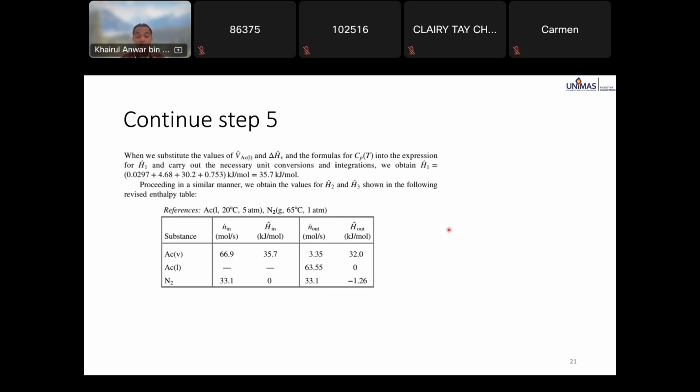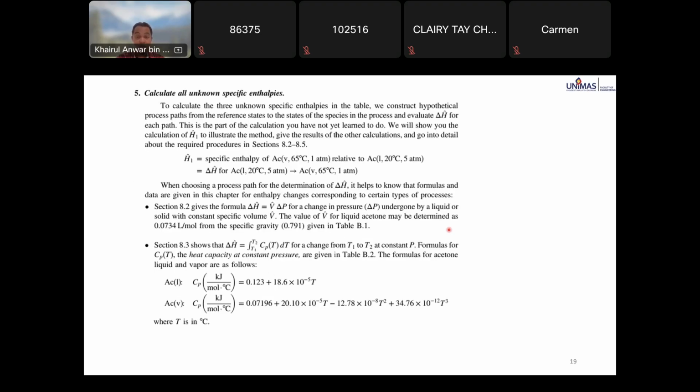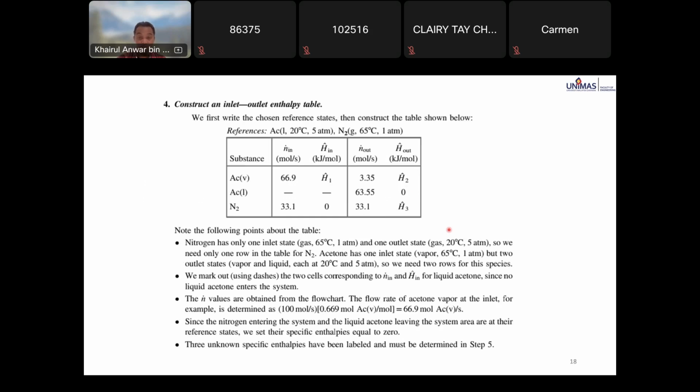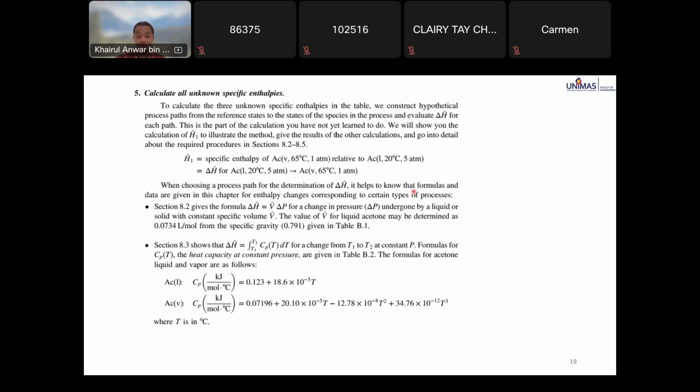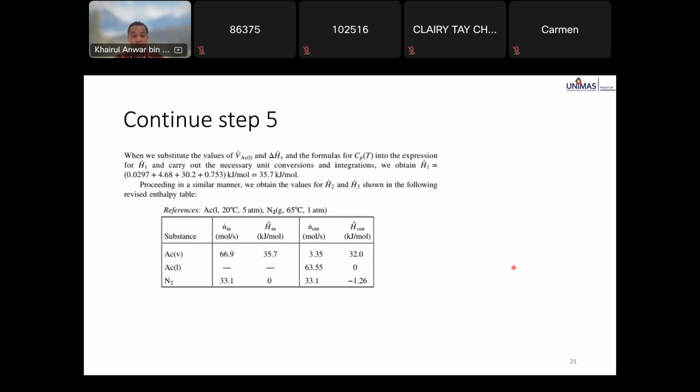So to calculate H2 and H3, it's the same. We have to get the value.